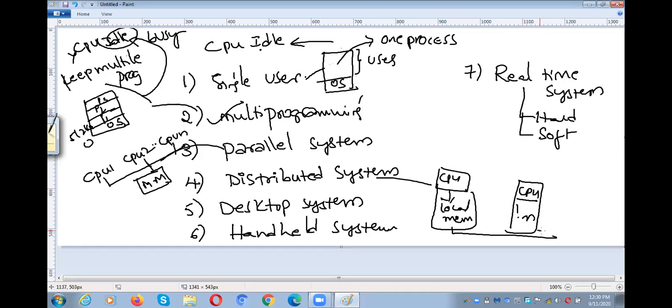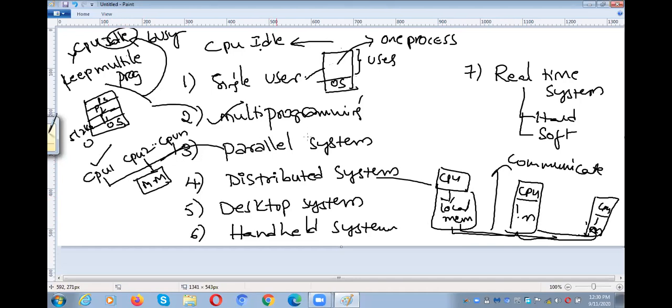All of them are connected, so they communicate with each other, but each individual has its own memory. Here, in parallel systems, all the CPUs share the same memory and clock.